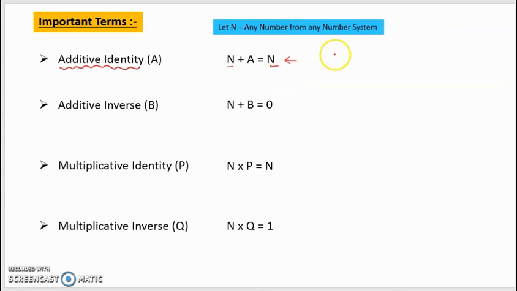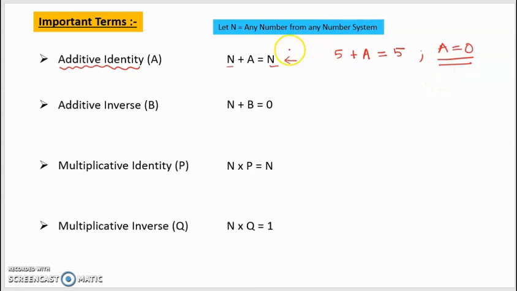For example, if the number is 5, what should be added to 5 so that the result is also 5? It is very simple to answer here that a has to be 0. Hence, in all the cases, the additive identity will always be 0.